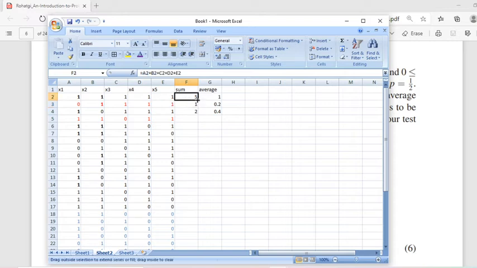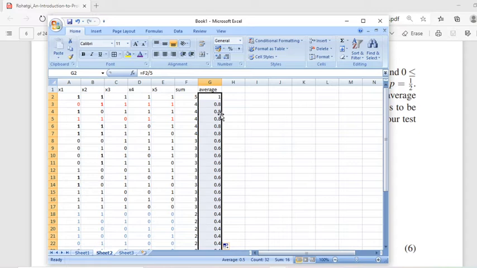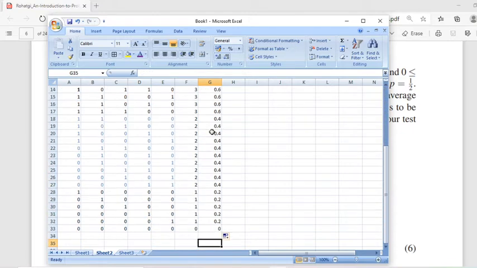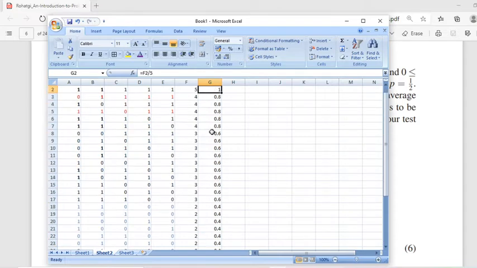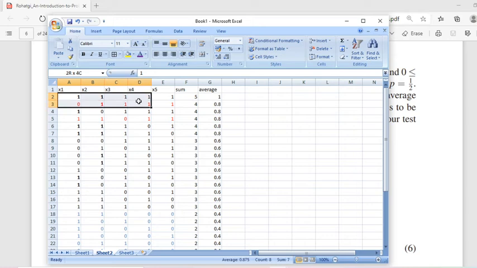Let us compute for all observations and compute the average. So we can see the average values of each and every possible observation. This is a possibility: every observation can be 1. This is another possibility: one of the observations is 0 and all other observations are 1. So in that case, the average is 0.8.